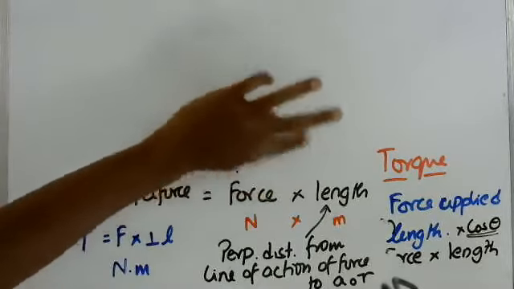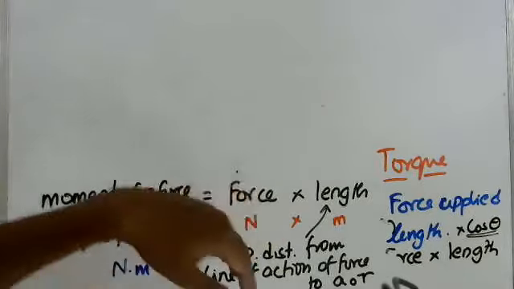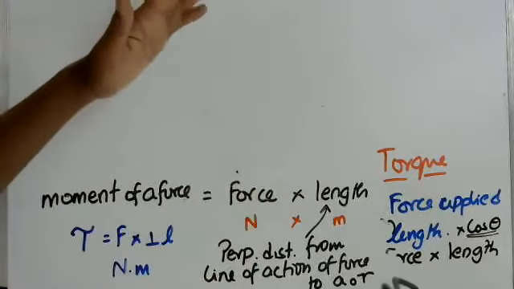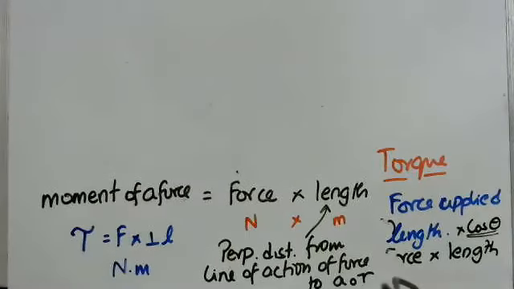Now, just as we saw in the door example, when you apply the force from this direction, you cause an anti-clockwise movement, and when you apply the force from the top, it caused a clockwise movement. So it is possible for torque to do both things. It can cause a clockwise moment or an anti-clockwise moment.